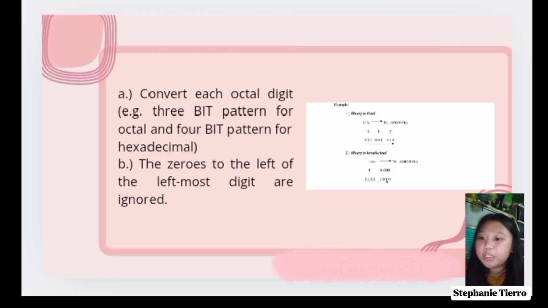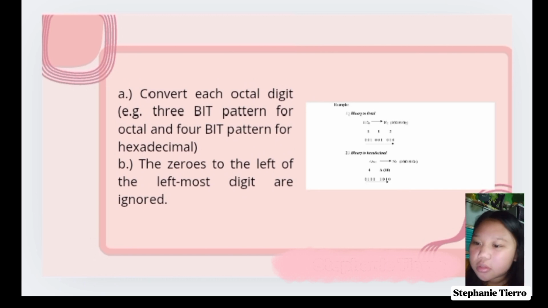Naman yung convert each octal digit, 3-bit pattern for octal and 4-bit pattern for hexadecimal. The zeros to the left of the most digit are ignored. Yung nasa left daw is ignore natin siya. So, ignore natin to.